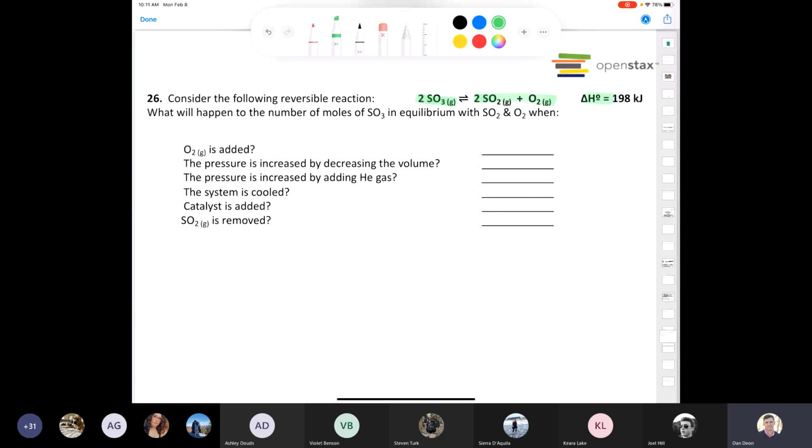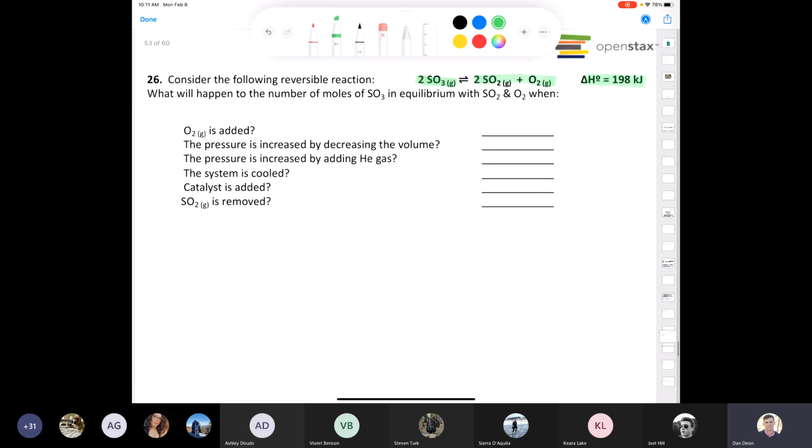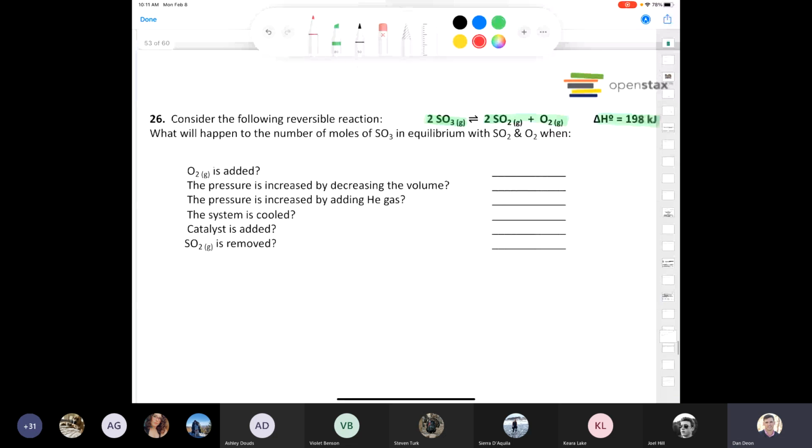My delta H is 198 kilojoules. Could anybody tell me, is this an endothermic or an exothermic reaction? This is an endothermic reaction. When delta H is positive, it's an endothermic reaction.